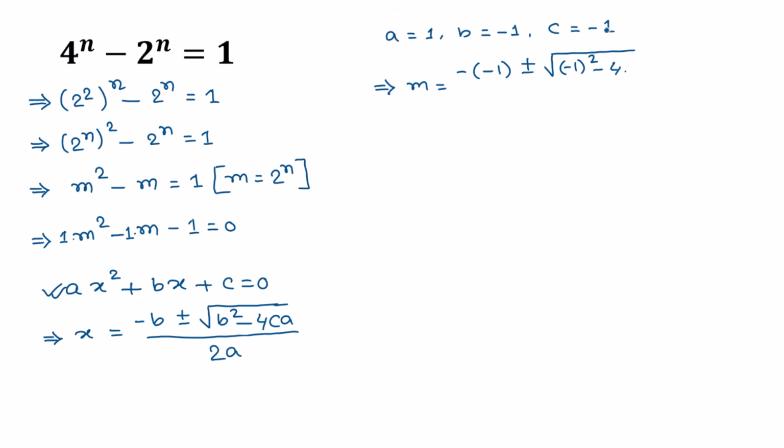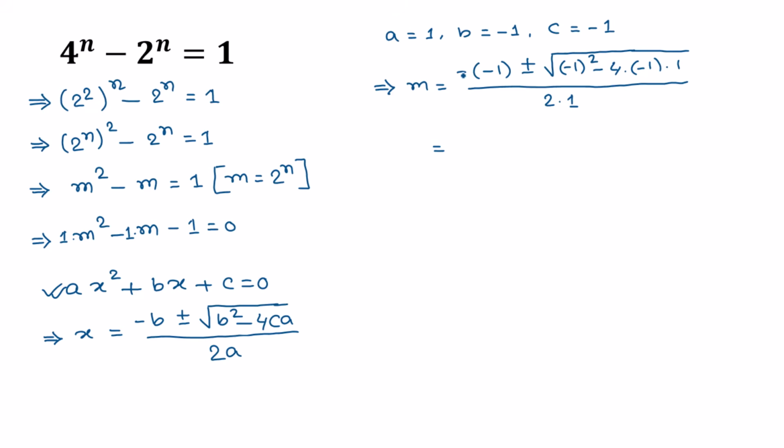That means c is negative 1 times a is 1, negative 1 times 1, total divided by 2 times a, that means 2 times 1.